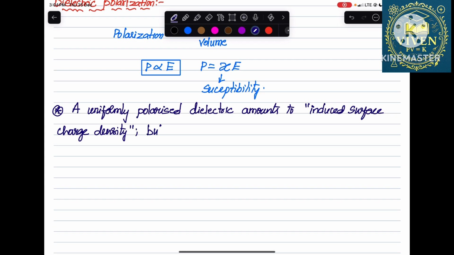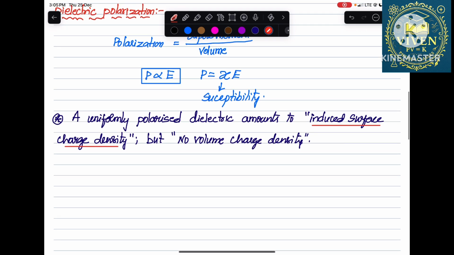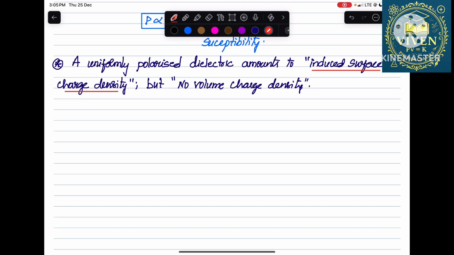So for clarification, it gives only the induced surface charge density, but not the volume charge density. This is quite important, and you need to remember this point carefully for a theoretical question. Any uniformly polarized dielectric gives clarity only about induced surface charge density, not volume charge density.